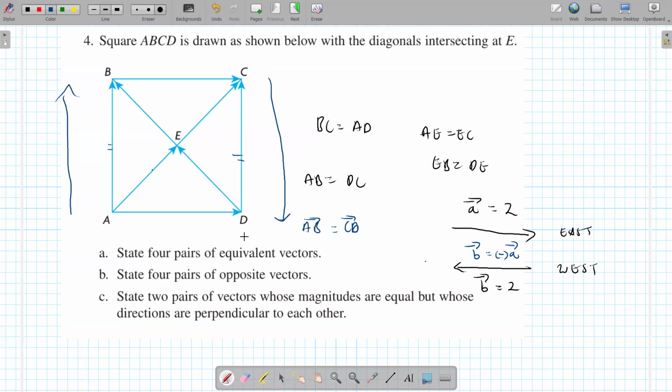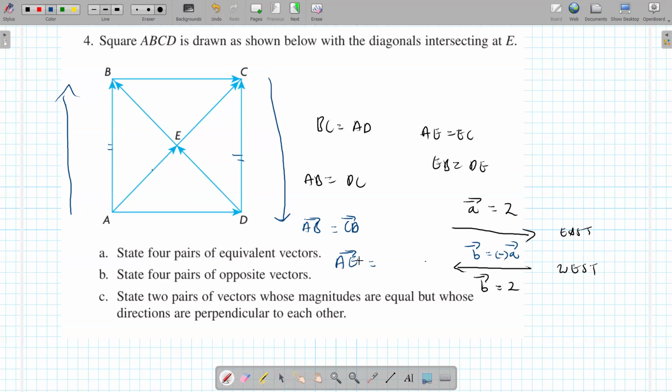What's another pair of opposite vectors? See AE, look at the diagonal. AE is going this way. EC is the exact same thing as AE, so they would not be opposite.